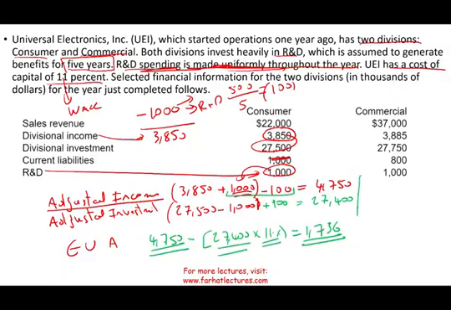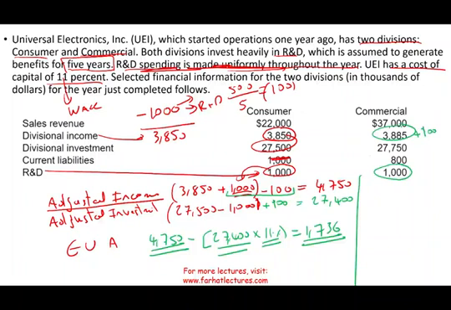We can do the same thing for the commercial division. First, we start with the divisional income, which is $3,880. Same concept: we add $1,000, then deduct $100, so we add $900 here.